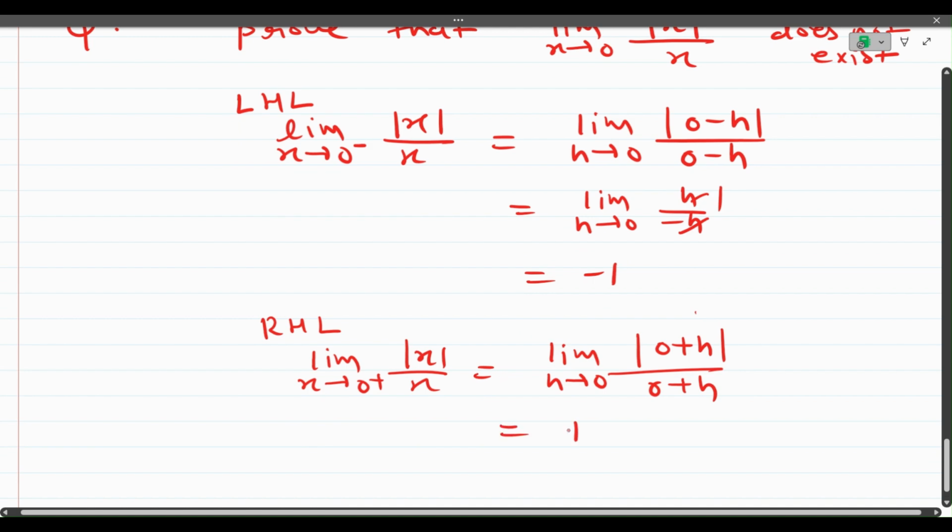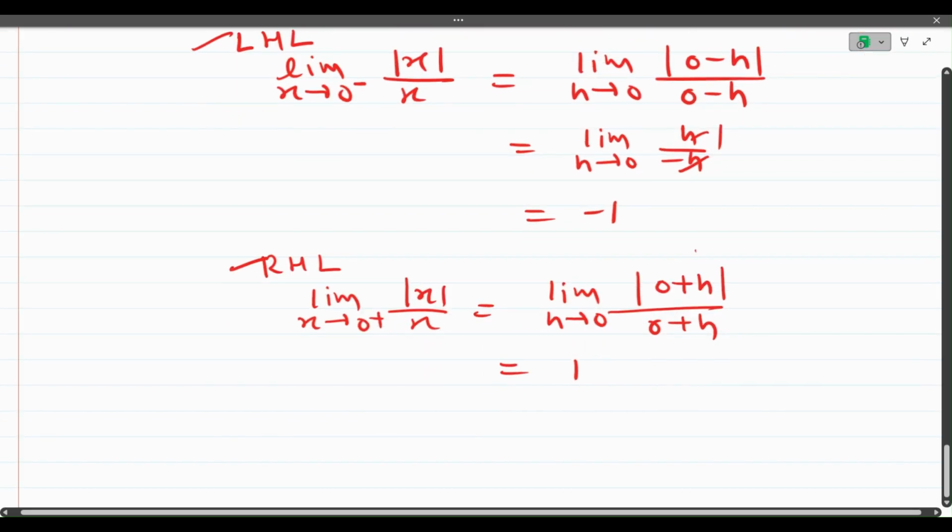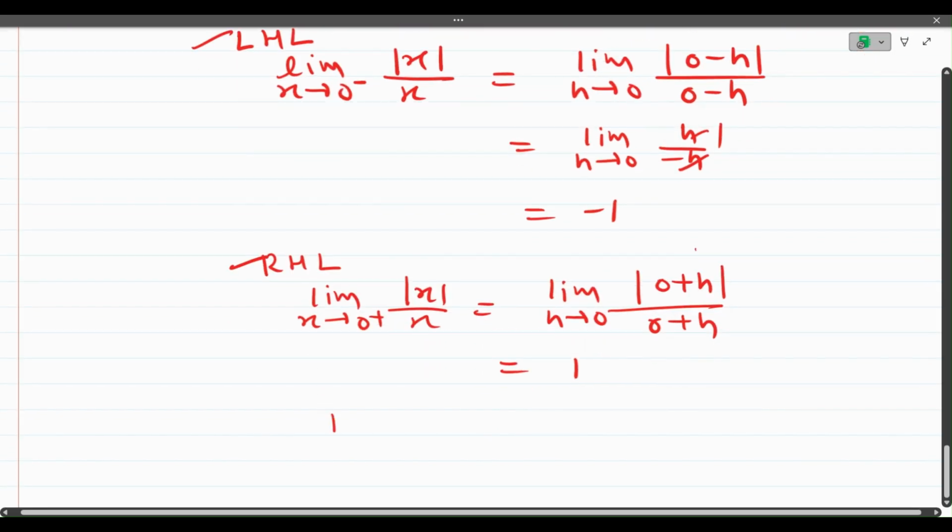It's going to be 1. So again, you can see that the left hand limit and the right hand limit are not equal, and therefore the limit as x tends to 0 of f of x does not exist.